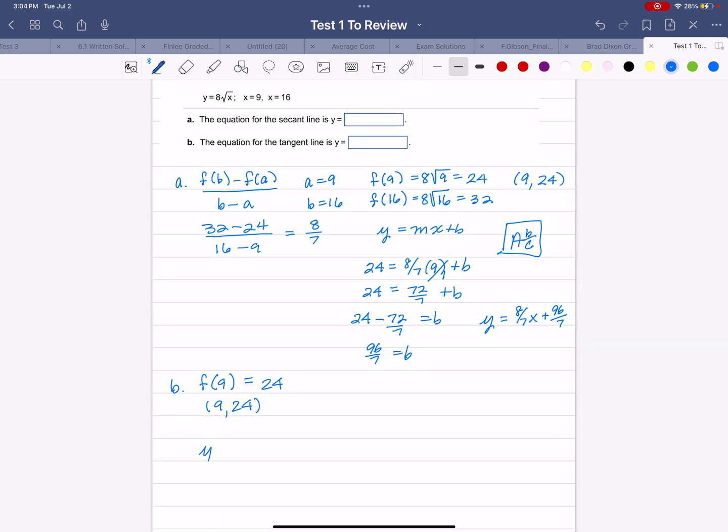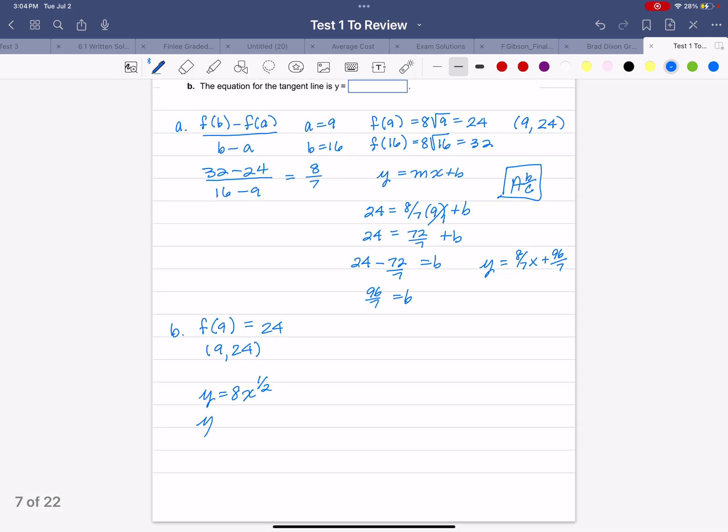So if y is 8 times x to the 1/2, the square root of x has to be written as a power 1/2. So y prime is 8 times a half x to the 1/2 minus 1. That's 4x to the negative 1/2. That's 4 over the square root of x.